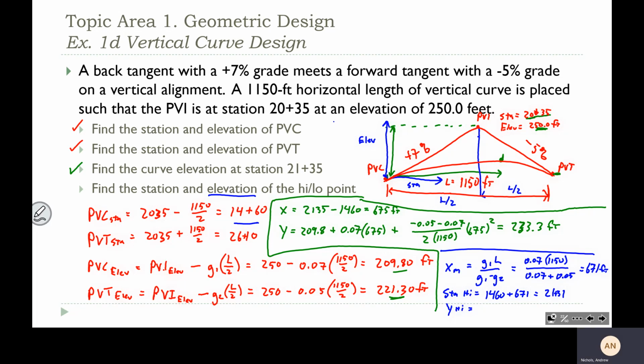Is this point still on the curve? Isn't it just 250? No, because the VPI or the PVI, where is that relative to the curve?